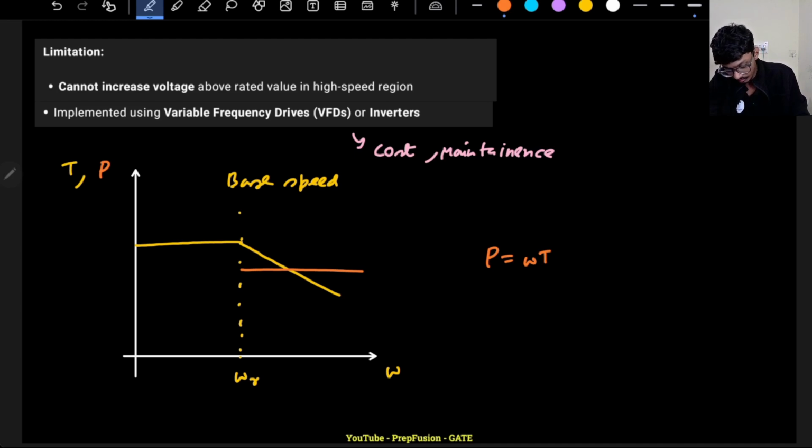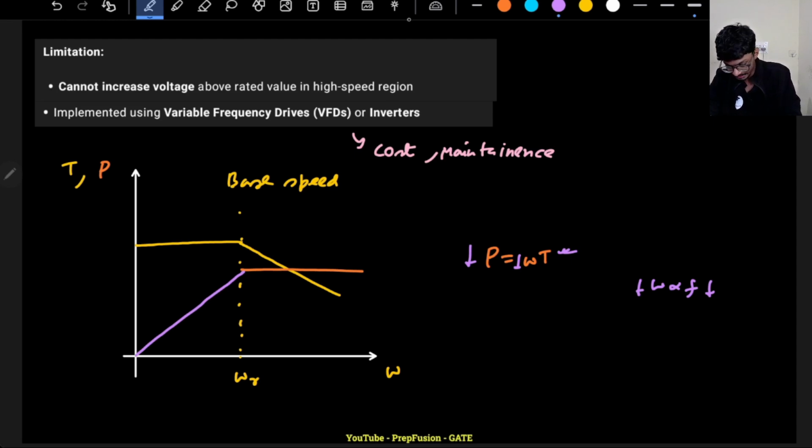Torque is constant, and if I'm reducing my frequency, that means my omega is reducing, because omega is proportional to frequency. So if omega is reducing, power will reduce, because torque is constant. So basically it will just follow a linear relationship.